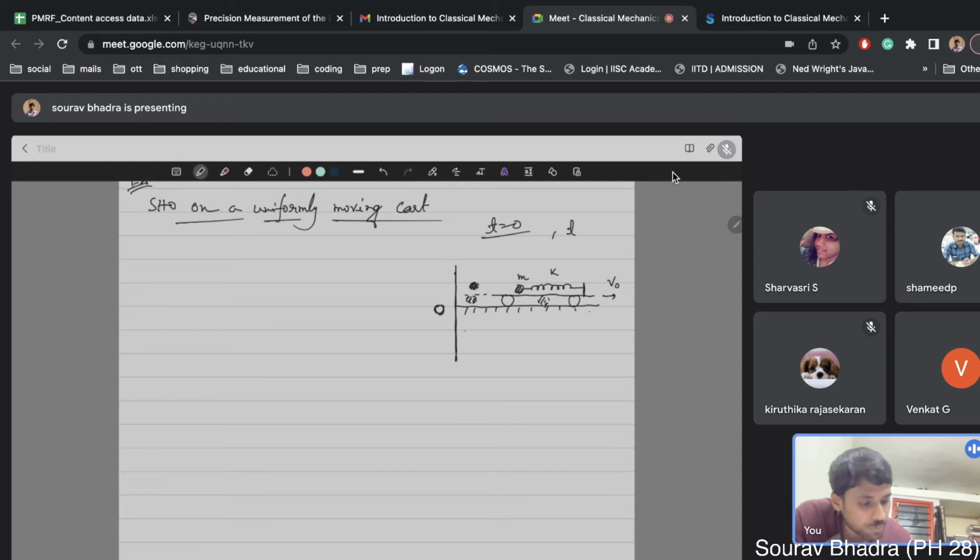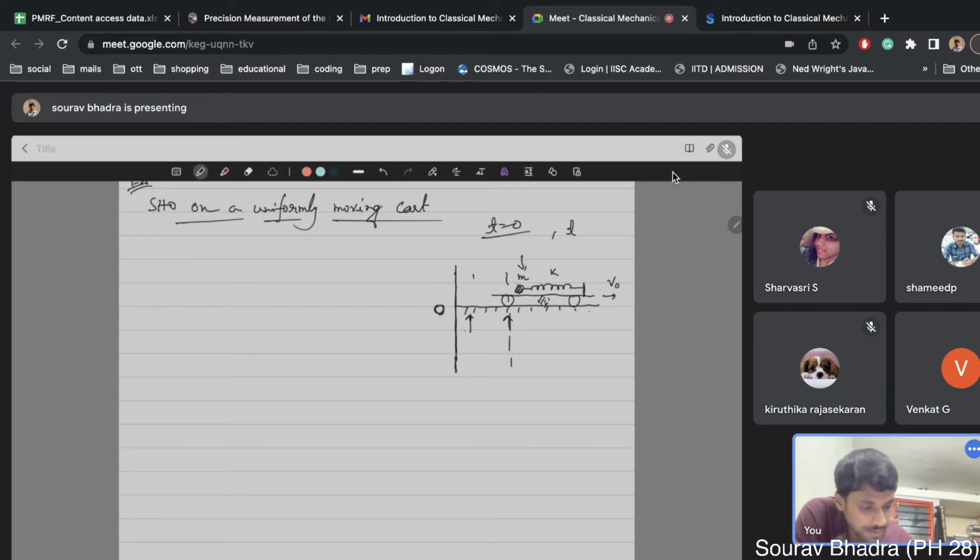this cart has moved from this position to this position. Similarly, the mass has moved from this position to this position. Okay, so now this is the position of the cart at a time t. That's why I am removing the previous case when it was at t equals 0. So this is the situation at time t, or t dash, whatever you can say.